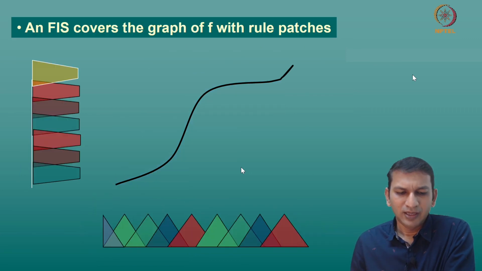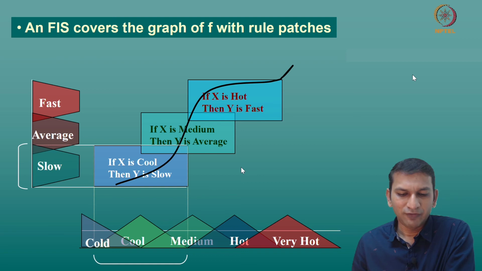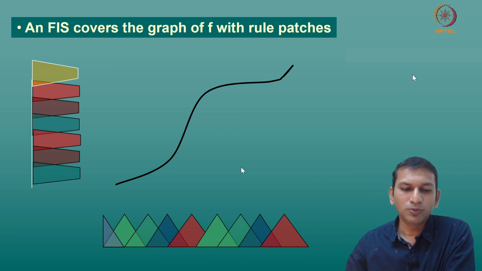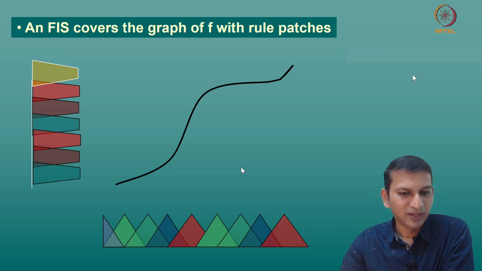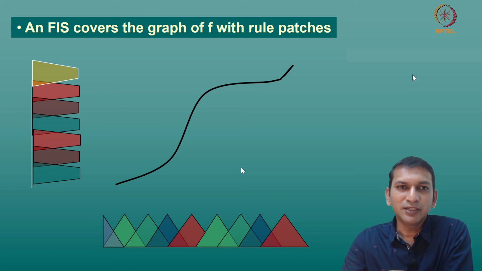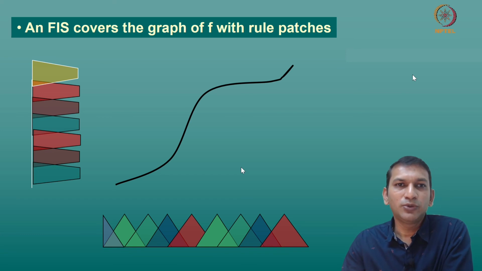Now, instead of having just 5 fuzzy sets on X, let's assume that we have almost 9, and on the output side we have 7. Now let's look at how we are going to approximate this function through a fuzzy inference system. So essentially it means coming up with rules, but we understand rules are going to patch up this function, with overlapping patches of this function.